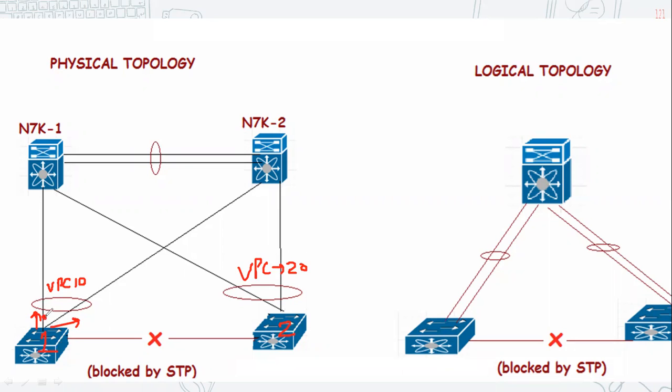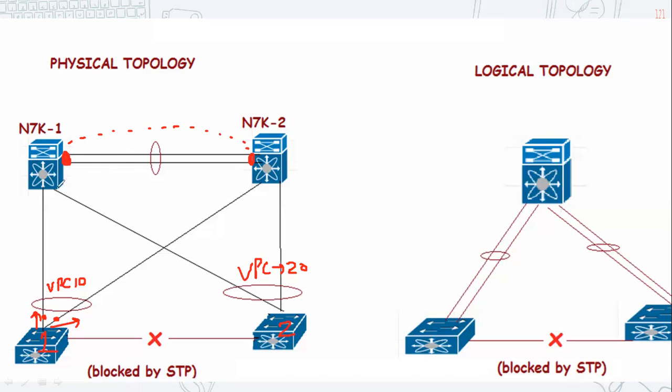So in a port channel, both ports will be in forwarding state, right? And this is the peer link between your peer devices, and the peer link will always be in forwarding, right? And which makes sense also, right? If you block the peer link, then how will these two devices synchronize with each other, right? So that is the default behavior, that your peer link is not going to be blocked.